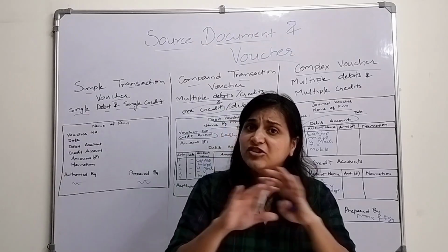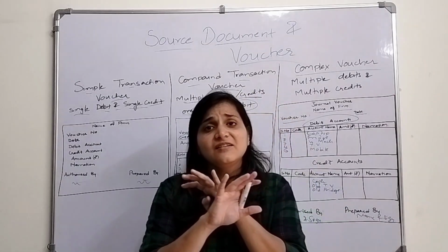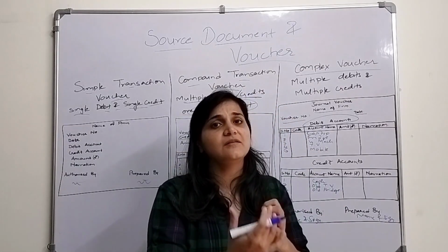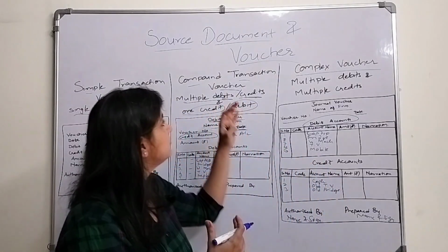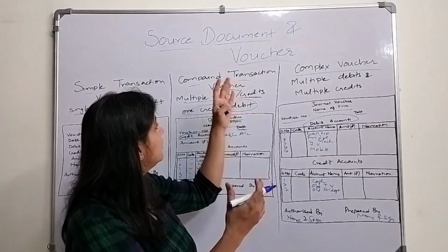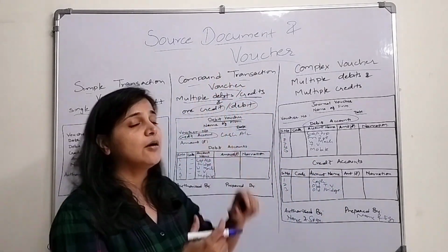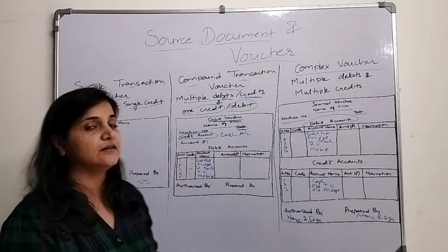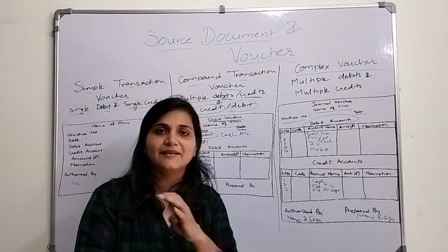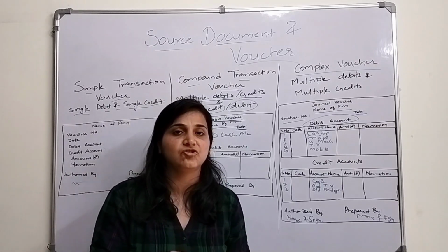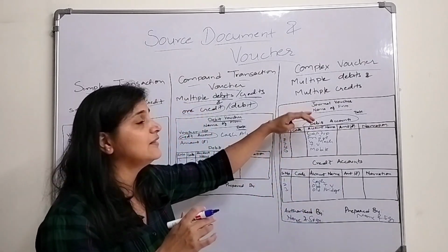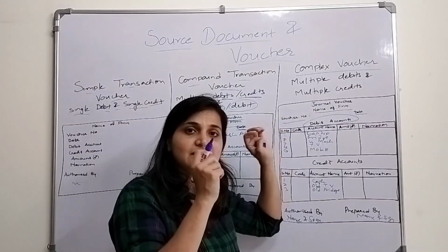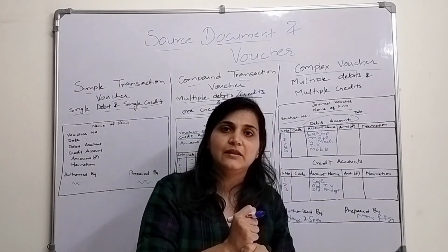They can change the font and the color for simplification. For example, they can keep the compound voucher in yellow and the simple transaction voucher in pink. There is no restriction on it. But these are the things that are supposed to be there in the voucher.